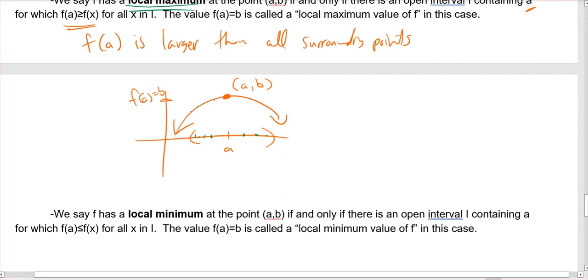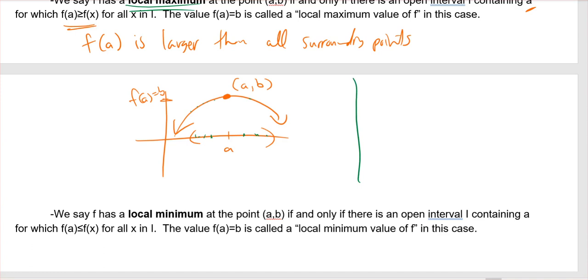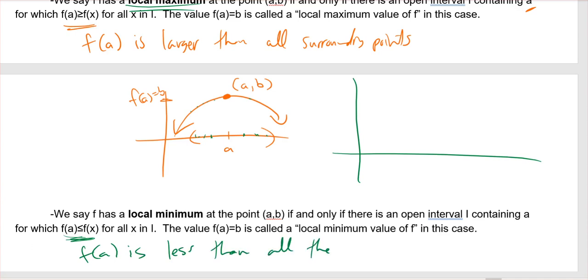We say that f has a local minimum at a point (a, b) if there's an open interval for which everything else around it is smaller, right? f of a is smaller. Maybe instead of smaller, we can say less than all the stuff around it.